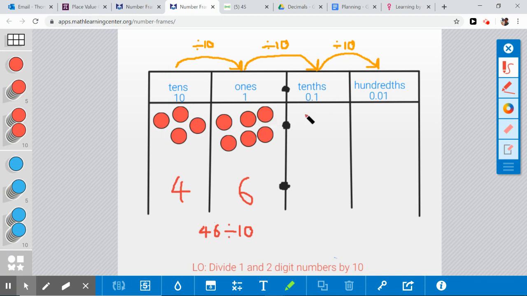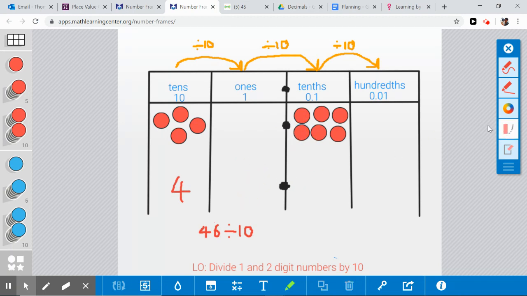So let's start with the ones. Let's move then one place value column to the right. So our 6 ones now become 6/10. Let's just rub this 6 out and then move it over here. And now we need to move our 10s.